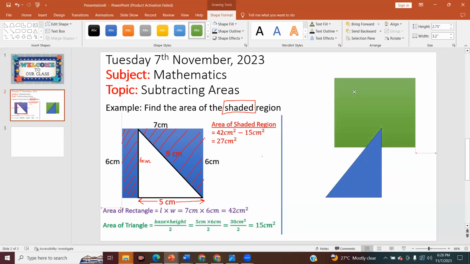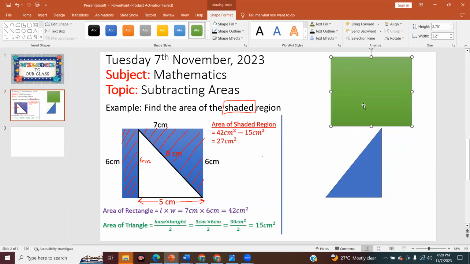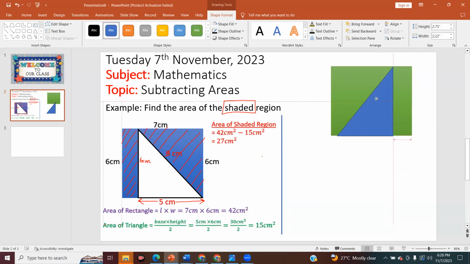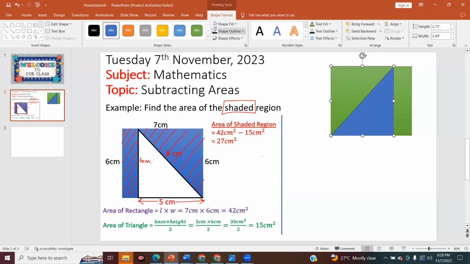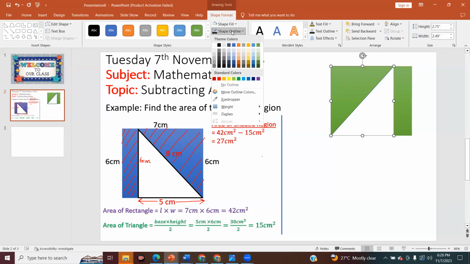I think we can even get away with some more space here. All right, good. Try to fill this white shape with a line.